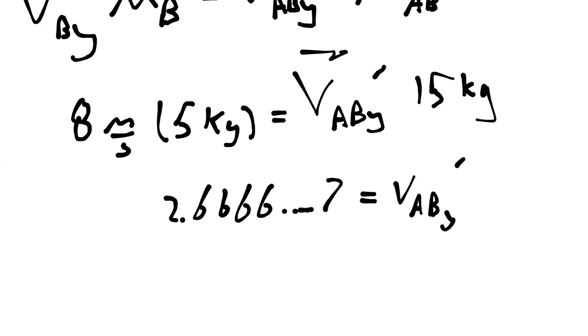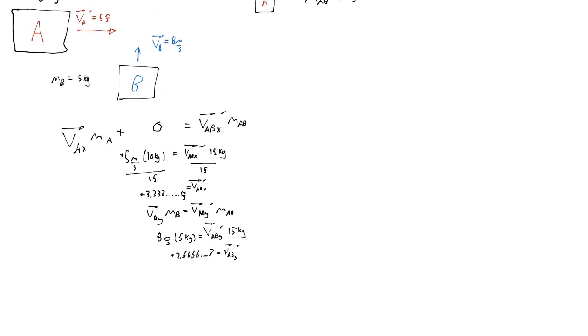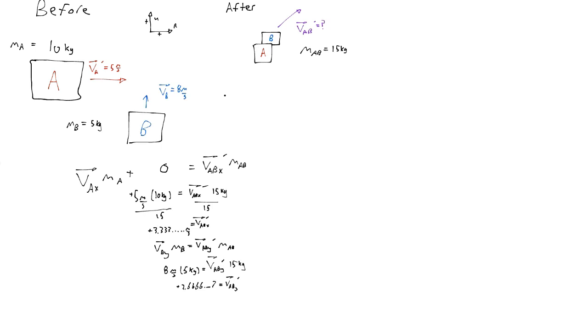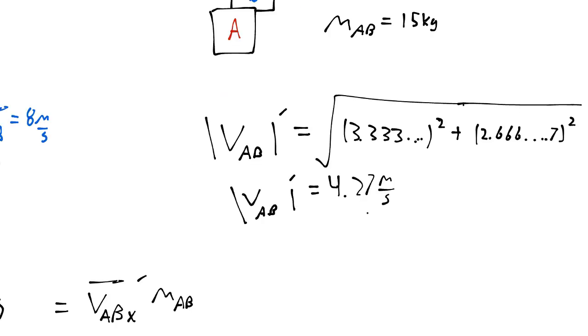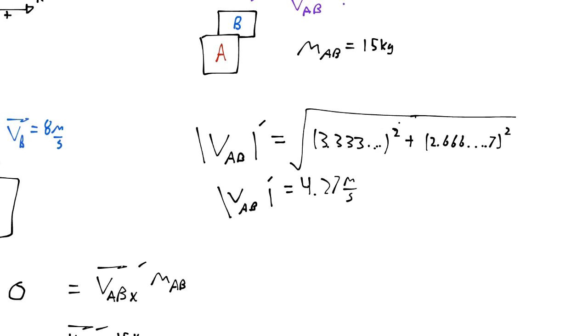There we go. And this one's also, of course, positive. So then just like before, you're going to do the vector components and use the Pythagorean theorem to solve for the final velocity. So I'll skip ahead to that. There you go. So I put in the numbers here. So 3.333 squared plus 2.6667 squared. I'll add those together, square root it, and then you should get 4.27 meters a second.